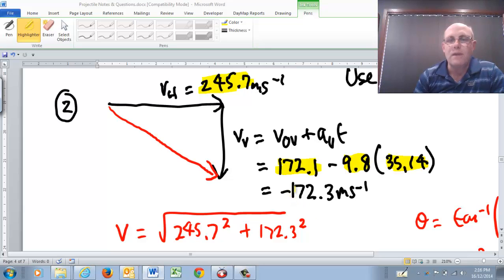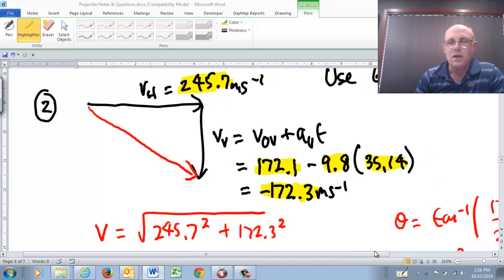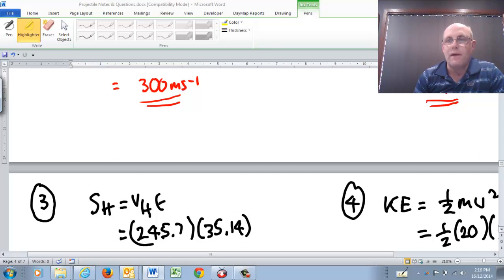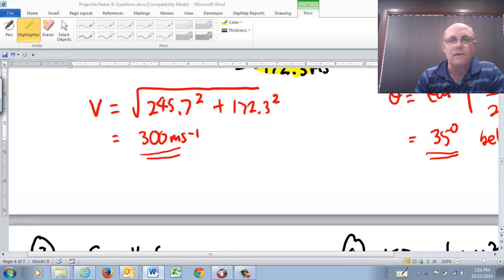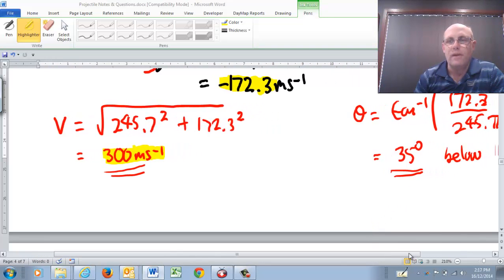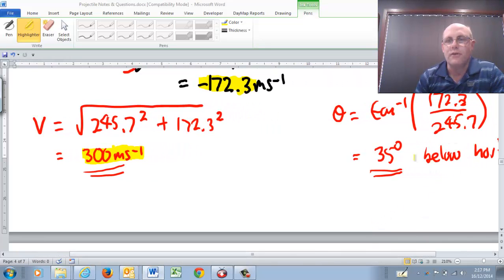So the vertical velocity on the way down is going to be negative 172.1. We put those using Pythagoras into the square root, and that gives us an answer of 300 meters a second. We also work out the angle because it's velocity: it will be the vertical velocity over the horizontal velocity, and it's 35 degrees below.